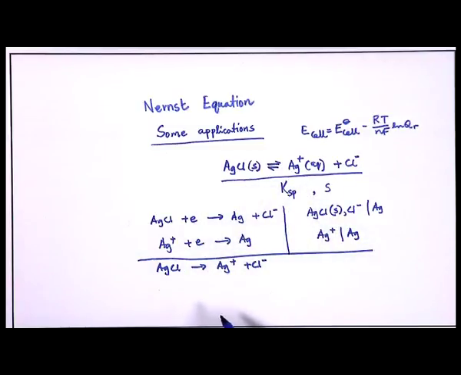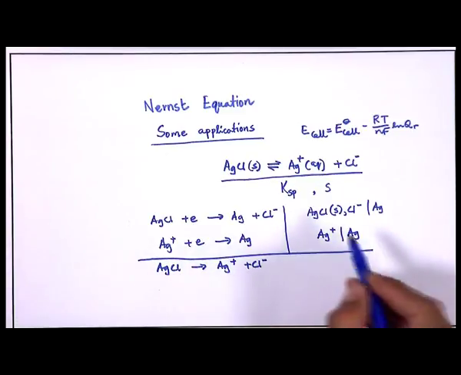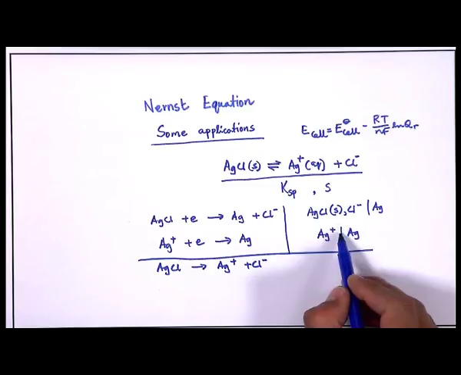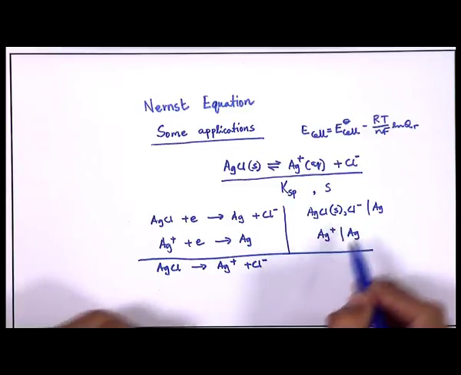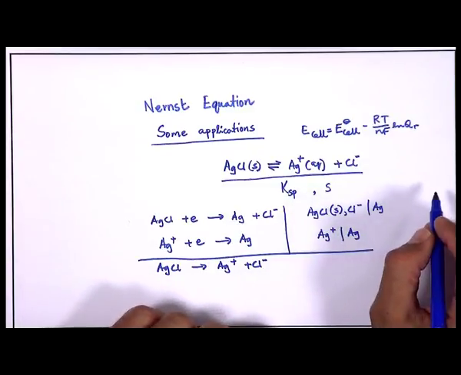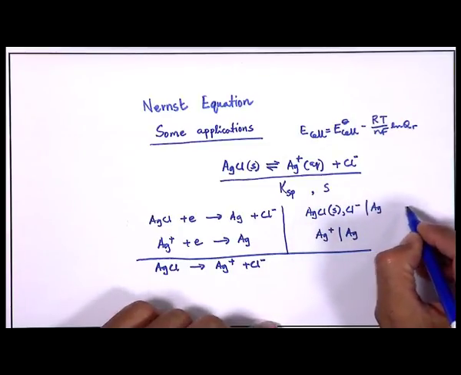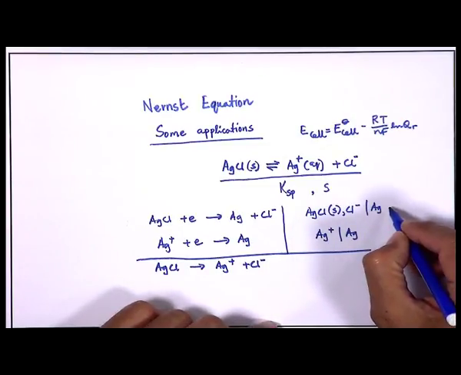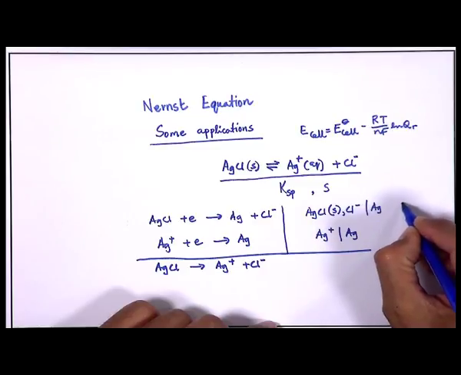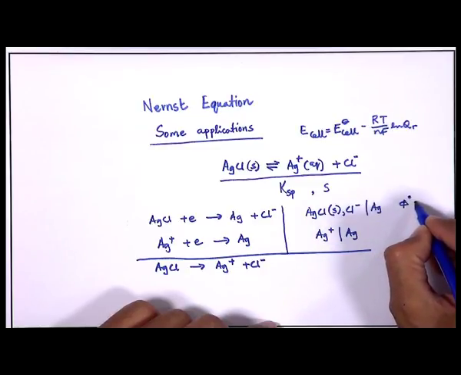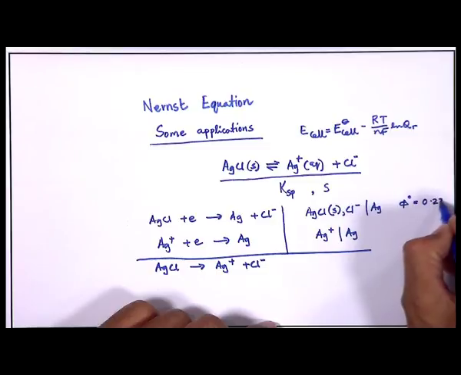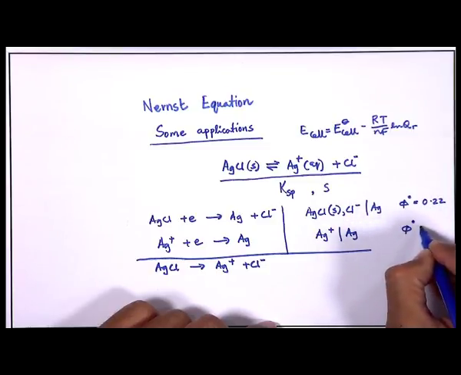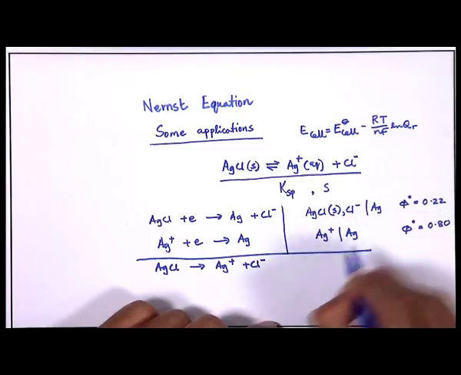Therefore, let us construct a cell having this overall cell reaction. The half cells will be this one and that one. The standard reduction potential for this one is phi 0 equal to 0.22 and here phi 0 is equal to 0.80.